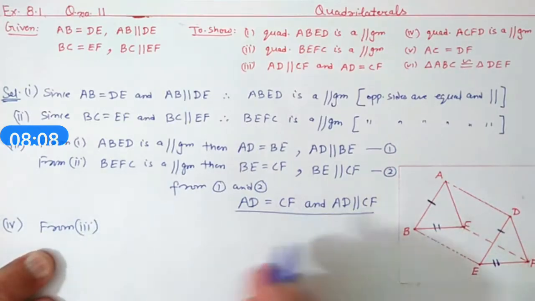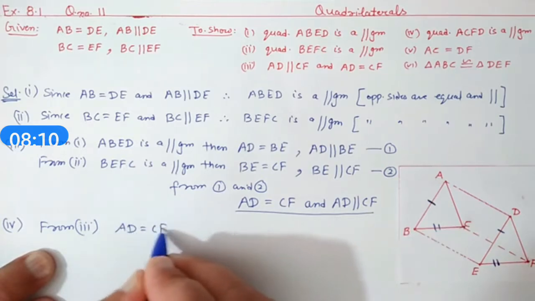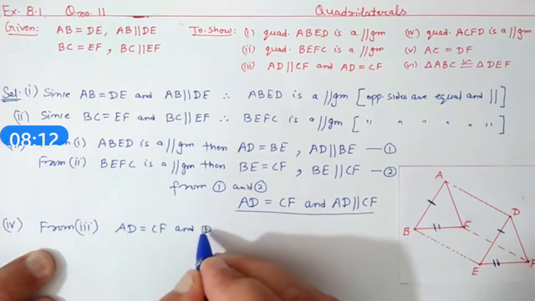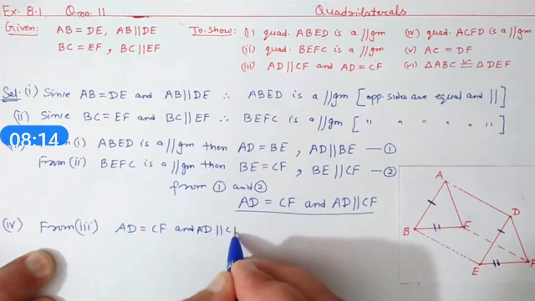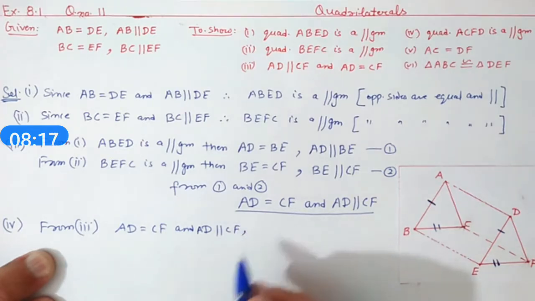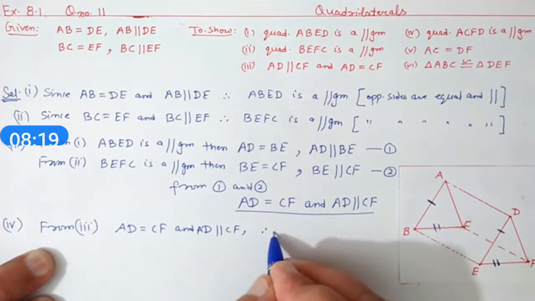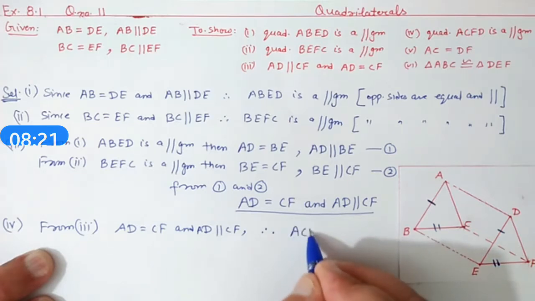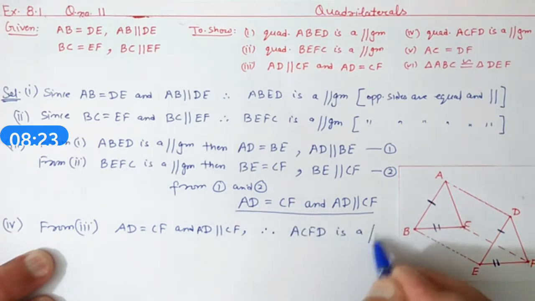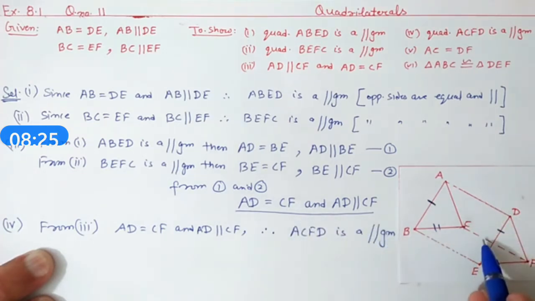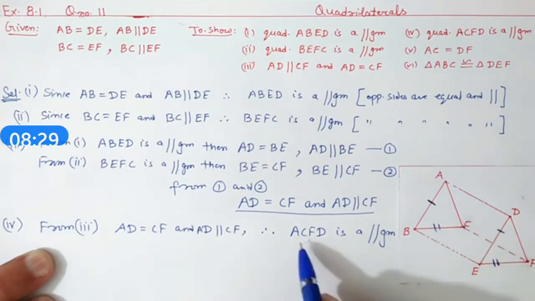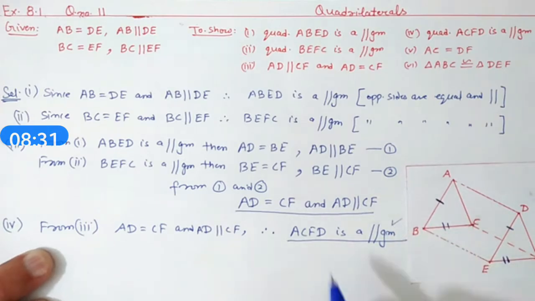You can write from third part AD equals to CF and AD parallel to CF. So this implies quadrilateral ACFD is a parallelogram. So fourth part we have proved. Reason आप फिर से वही डाल देंगे, opposite sides are equal and parallel.